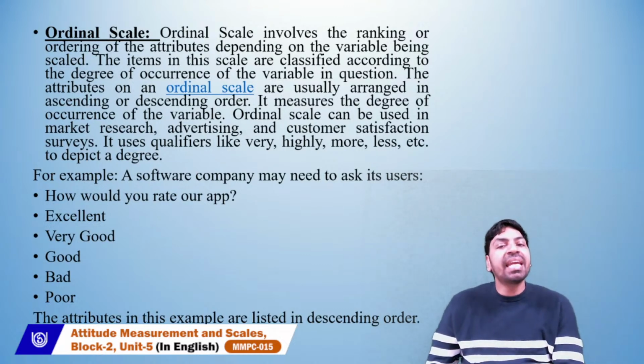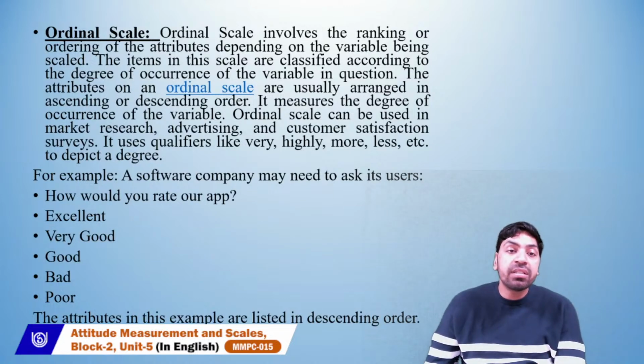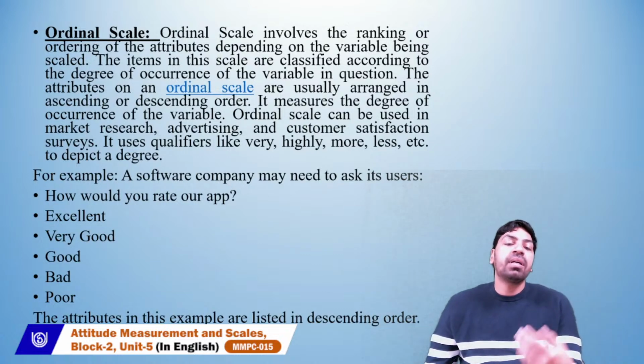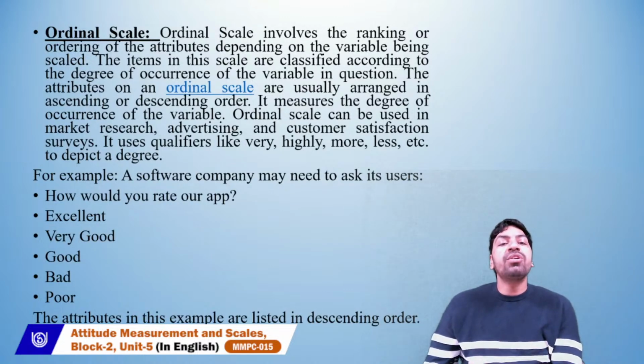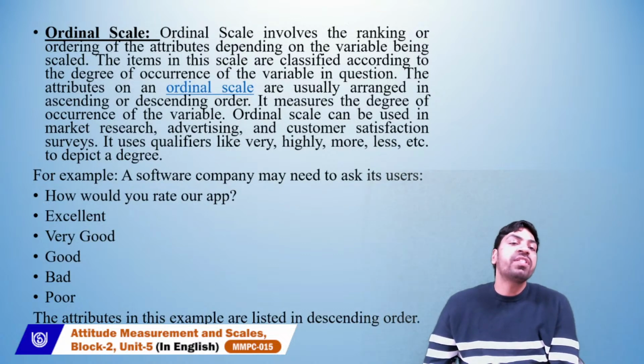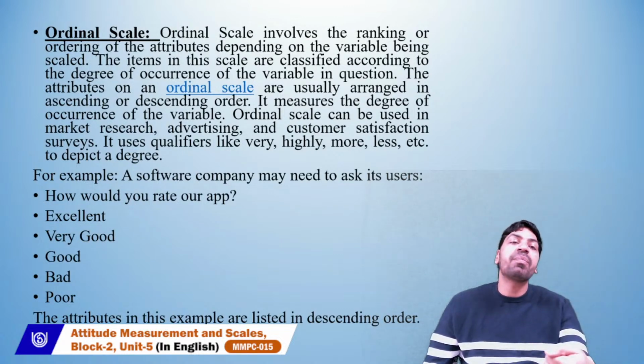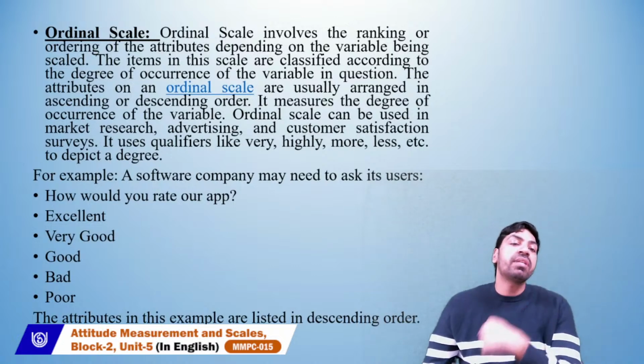So the ordinal scale can be used in market research, advertising, customer satisfaction and customer perception. It can be used with qualifiers like very, highly, more, less, to show a degree of satisfaction. That's called the ordinal scale. Here we are talking about the ordering and ranking of the response set.